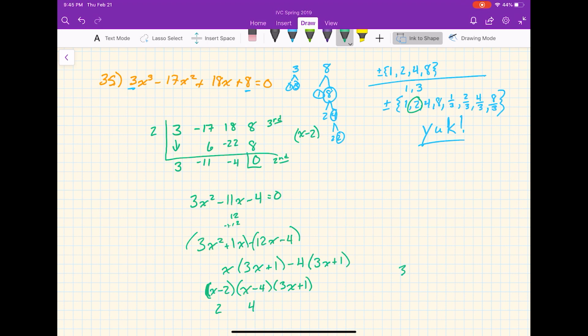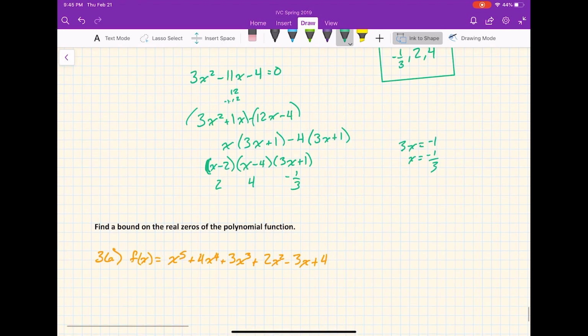Why does this work out to x minus negative 1/3? Well, here's the work, kind of showing you how this ends up being this way. So there you have it. We get negative 1/3 out of this. But we get negative 1/3, 2, and 4. That is our answer here.